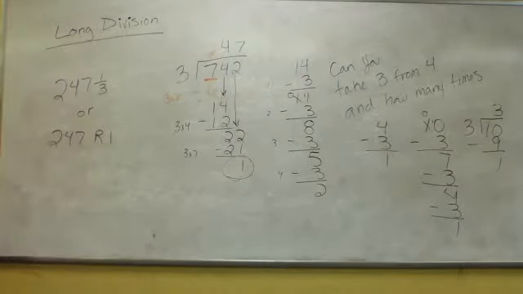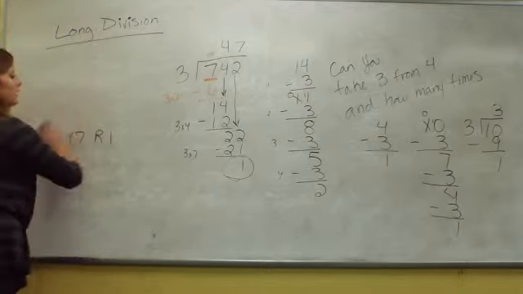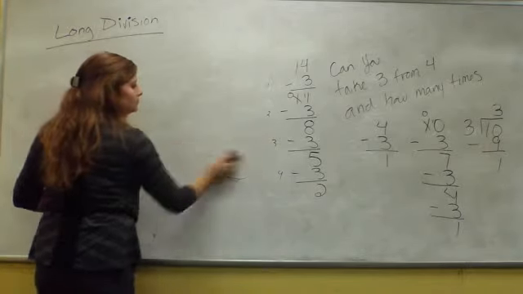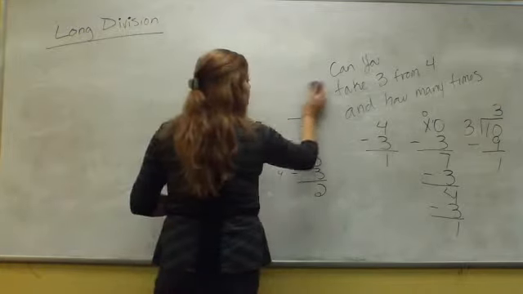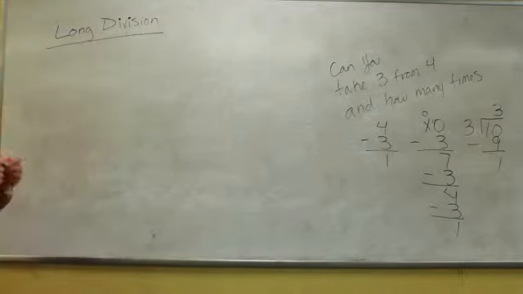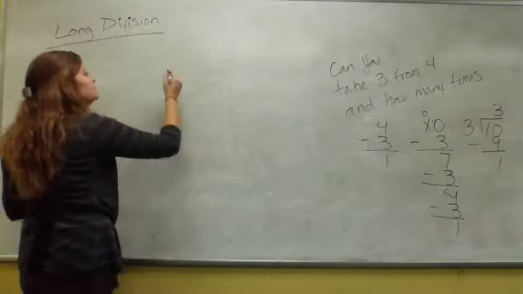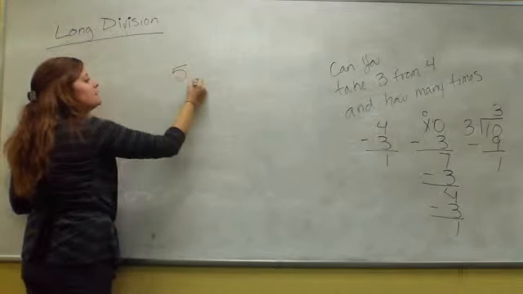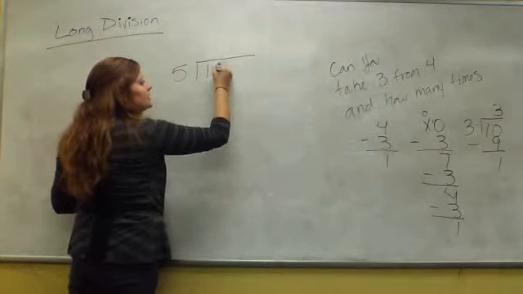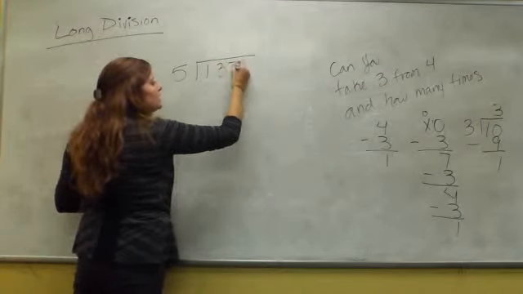All right, so we're going to do this again. So now let's do 5 into 1,370.